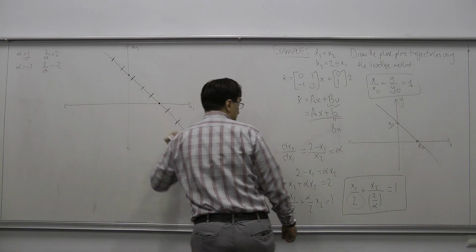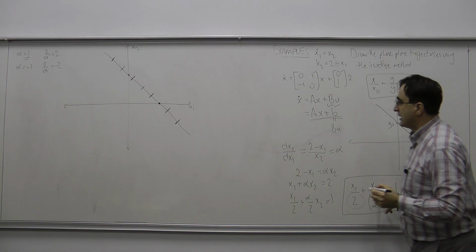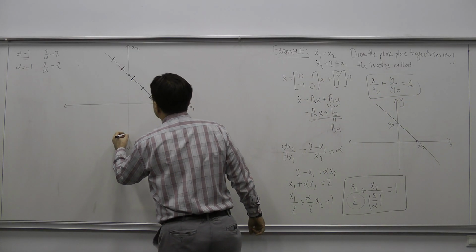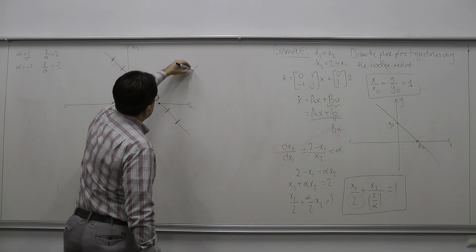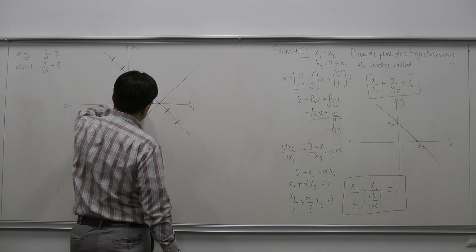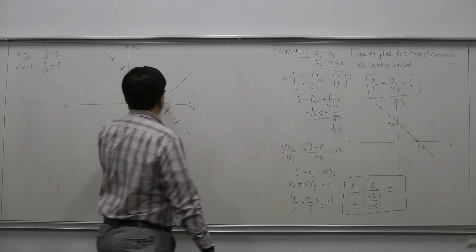So we are going to pass through the point 2 on the x1 axis, and through -2 on the x2 axis. So this is 2, this is -2, and our line is going to look like this now. And the slope of the trajectories there would be -1.